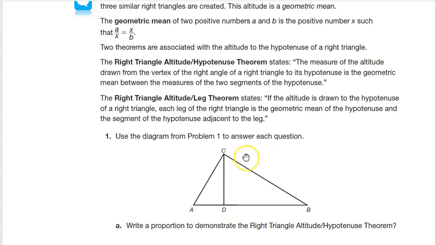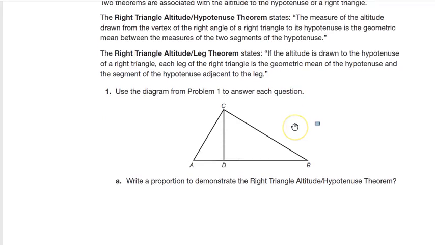And then basically the measure of this altitude is going to turn out to be the geometric mean of these two parts, AD and DB. So in that original problem going across the ravine, you had a section that you could measure, and we could determine what the altitude was.